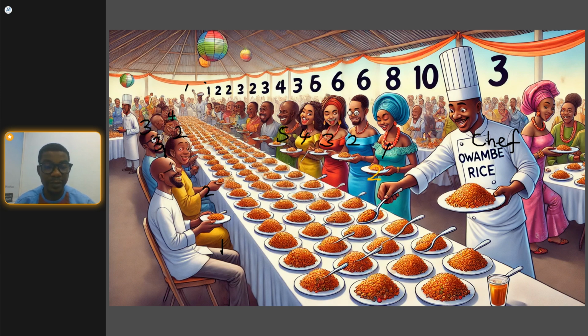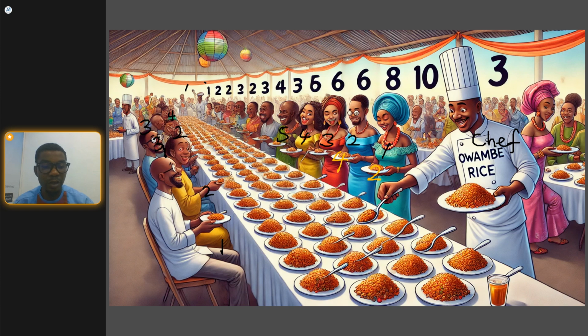And to the next person, he did not actually give 2 spoons of rice, but he gave 2 plus the initial spoons of rice we have. The initial spoon of rice is 2. So 2 plus 2, that is 4. So he gave to the next person 4 spoons of rice, that is the 2 spoons of rice that we have initially, plus another 2.